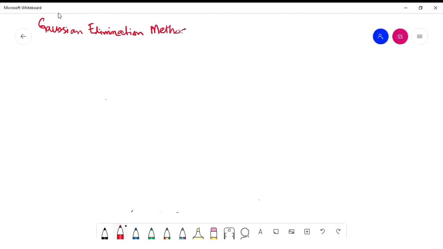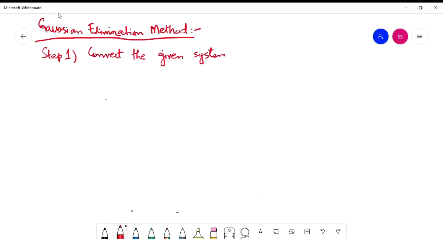It can also be known as the Naive Gauss elimination method. This method involves two steps. Step number one is to reduce, or convert, the matrix or given system into upper triangular form.